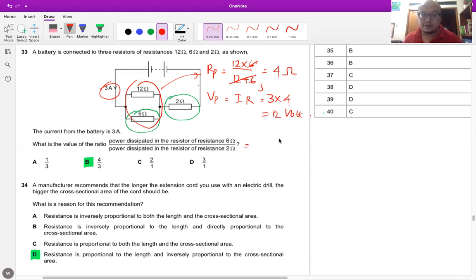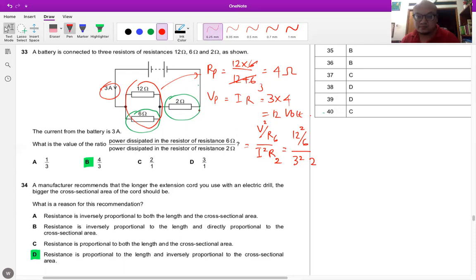Okay, I will use a different formula. On the 6 ohm we use V squared divided by R, and on the 2 ohm I use I squared R. V on the parallel one we have 12, so V squared, sorry, V squared divided by 6, over I squared, 3 squared, and then R is 2.